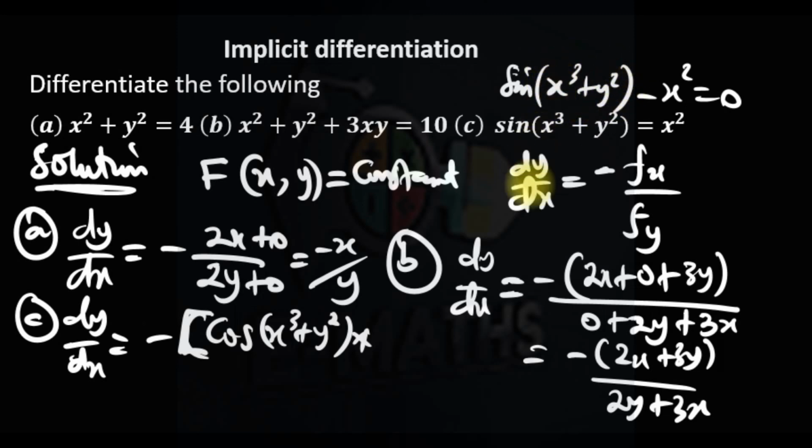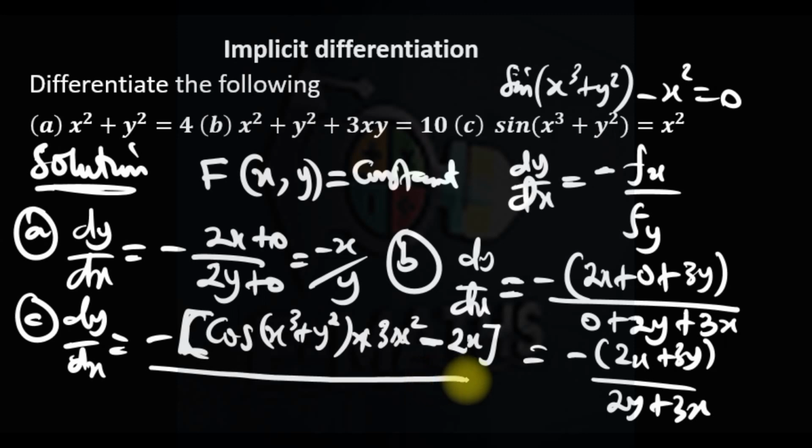Now that's where the partial x plays a role. If you differentiate x cubed it is 3x squared, while this is 0, so we have 3x squared minus, remember, if you differentiate x squared it is 2x. So we are done with the numerator. We move to the denominator.